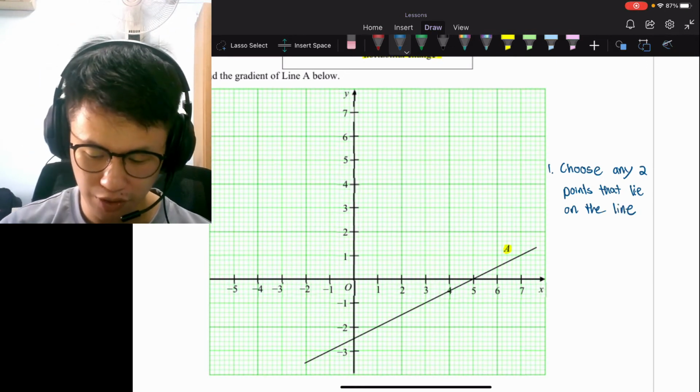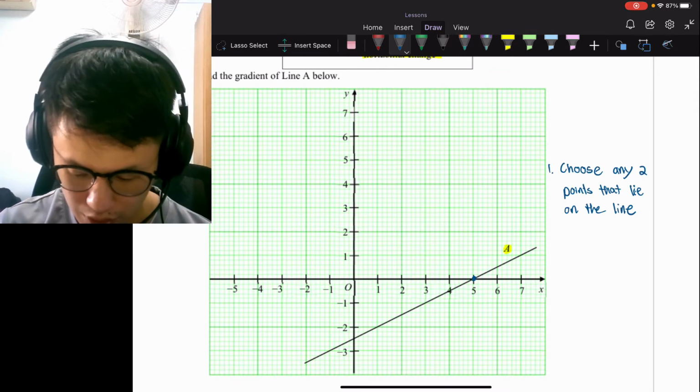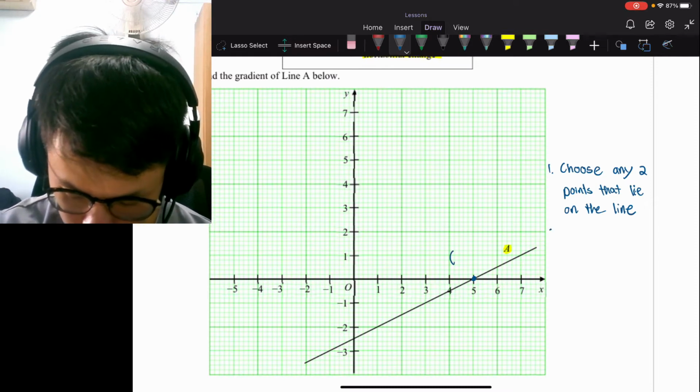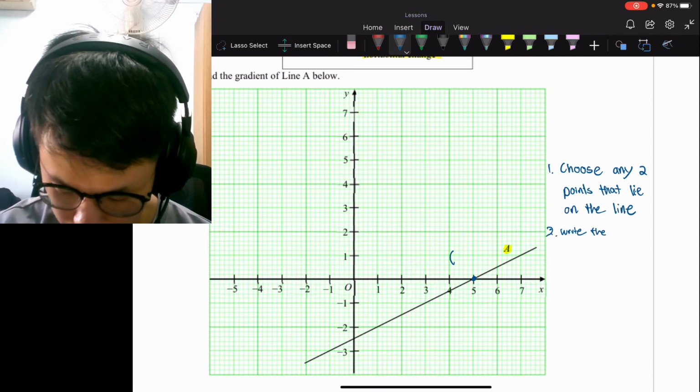The first one, I'm going to choose this point over here. This point has a coordinate of, write the coordinates down, which is the second step.